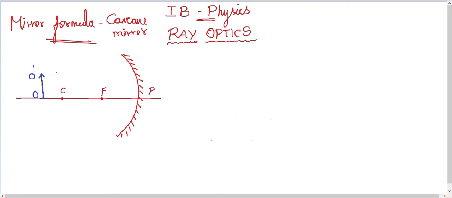Now light rays fall on it. We'll take three rules. When a light ray is parallel to the principal axis, this is called the principal axis, the line which joins the center of curvature, focus and pole. See, I'm explaining each and every point, so please make sure that you're listening very carefully.